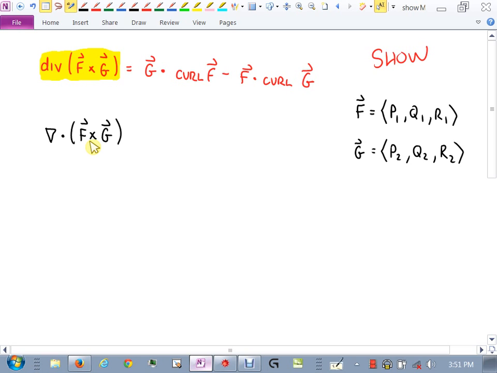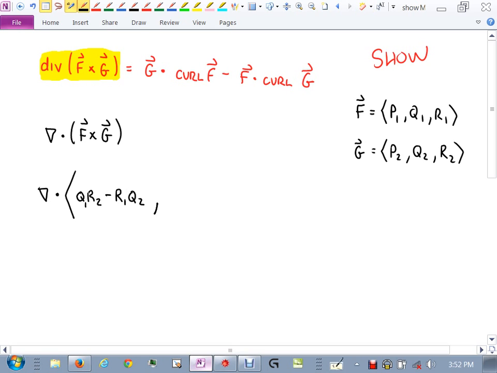So shall we find F cross G? What's F cross G? It's a vector, isn't it? Can we do it from this right here? Okay. So it should be P1, no, Q1 times R2 minus Q2 times R1, or R1 times Q2.